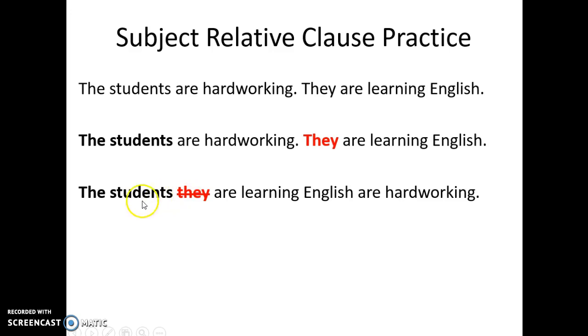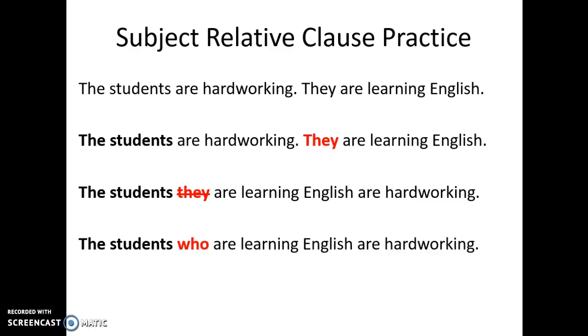So if you see, we have the students, they are learning English, are hardworking. But we can't have 2 subjects in a row, so we replace the pronoun or the subject of the second sentence with a relative pronoun. And we get the students. Remember, these are people, so who are learning English are hardworking.